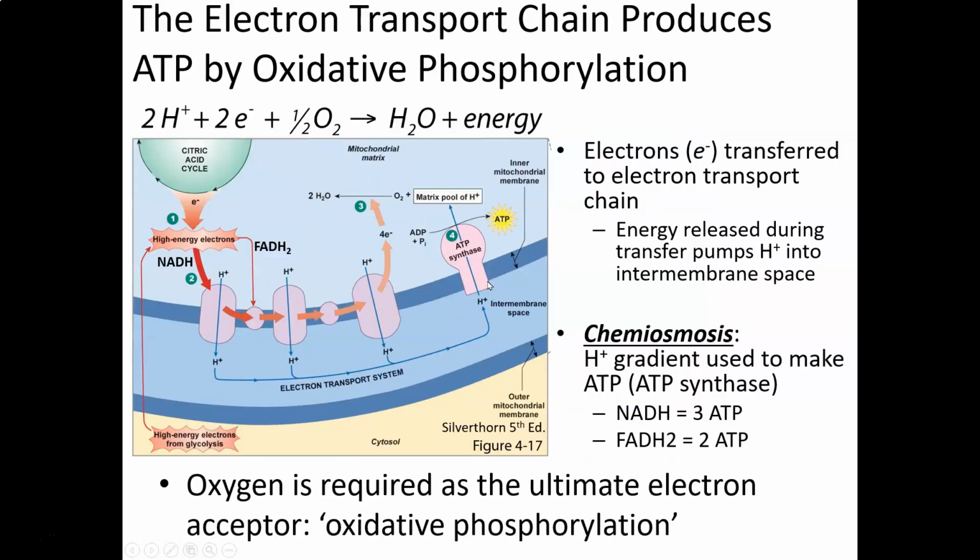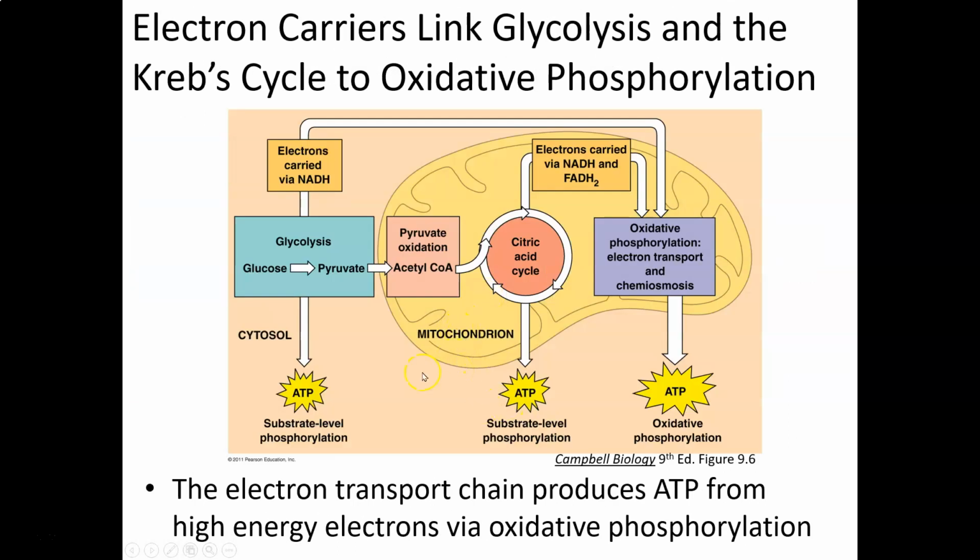Well, the good news is the activation of pyruvate, where we make 2 NADHs, one for each pyruvate, happens in the mitochondria. The citric acid cycle happens in the mitochondria. So the 3 NADH and the 1 FADH2 we make for one turn of the Krebs cycle, that happens in the mitochondria. But glycolysis happens in the cytosol.